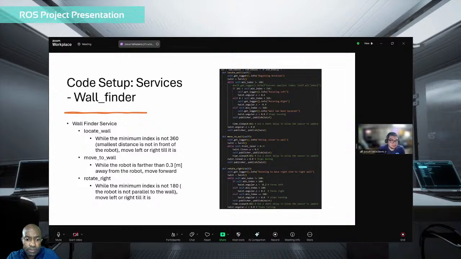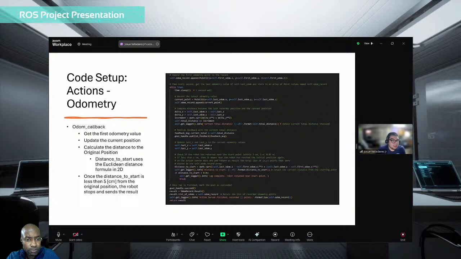Here we have our odometry callback. Here we append. We get our first odometry value and we update to the current position. To calculate the distance from the original position, we just update it accordingly every so often.